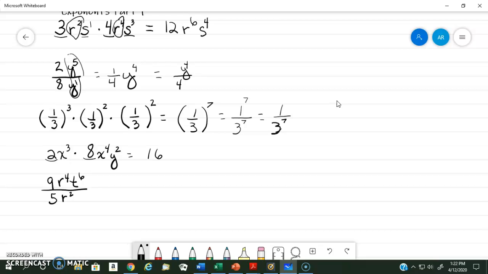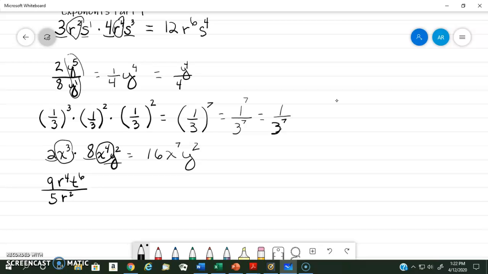Then I'm going to bring my like bases together. x cubed times x to the 4th. I'm going to use that product rule, so I want to keep the base of x, and then add 3 and 4 together to get 7. And because y squared doesn't have anybody left for him, we're just going to leave him alone. He's as simplified as we're able to get.